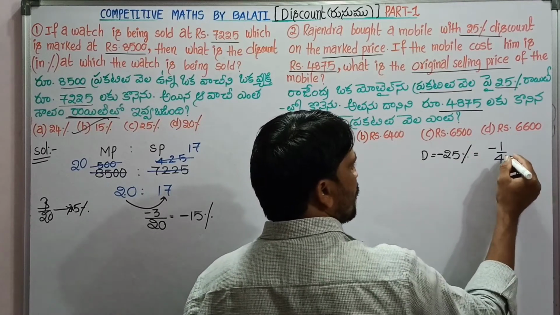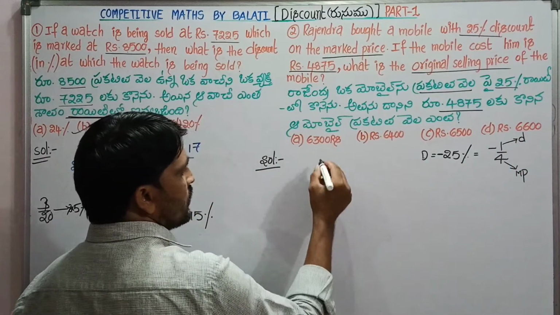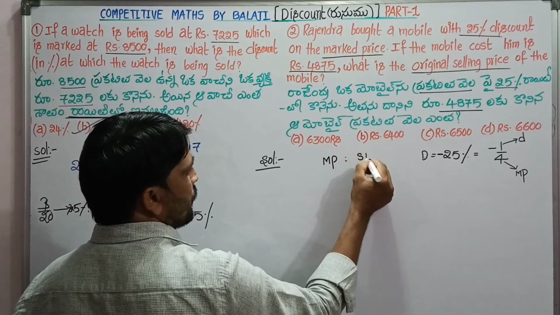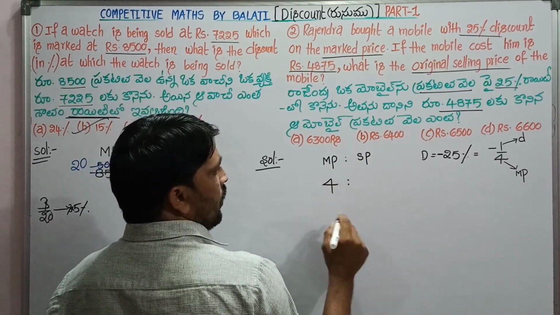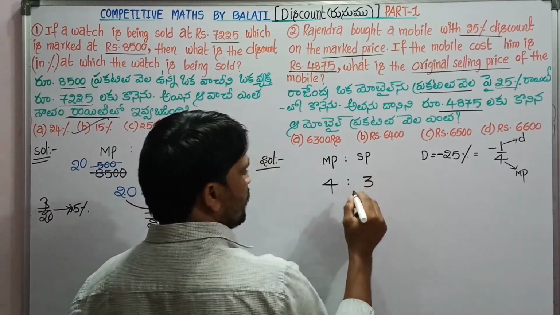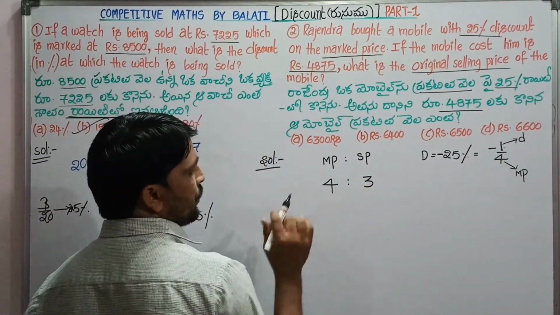If 4 units are market price, then discount is 1 unit. That is, consider the ratio of market price to selling price. If 4 units are market price, he gave 1 unit discount, so selling price must be 3 units. That is 1 less than the 4 units, that is 3 units.